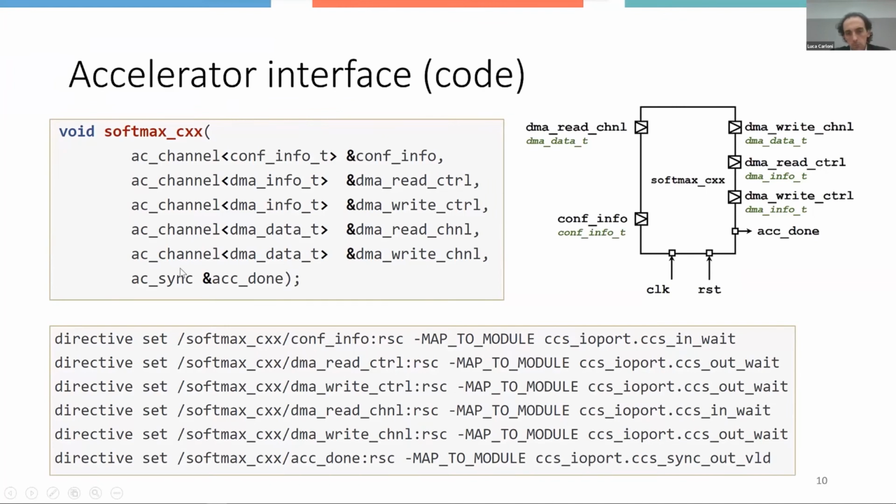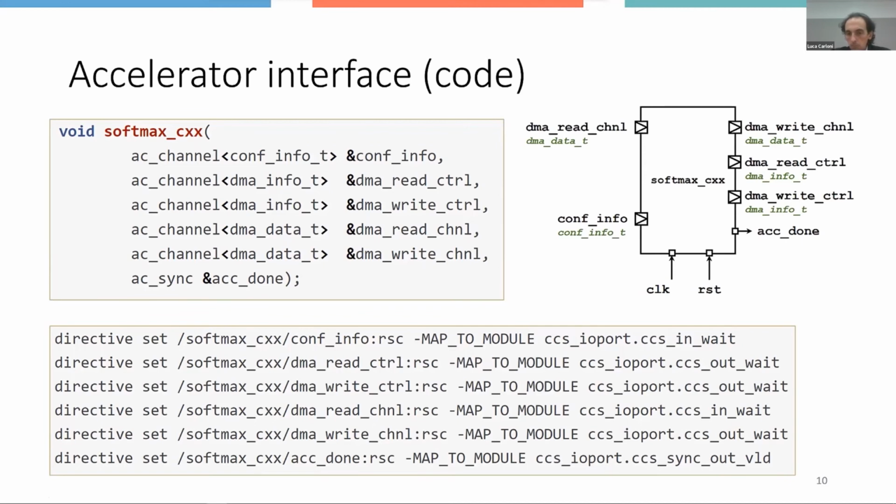In particular, ac_channel allows the accelerator to transfer data to and from the top module. And these data types, when combined with the HLS directive ccs_in_wait, ensure that the data is properly synchronized at the interface via latency-insensitive protocols. We will see how ready and valid signals will be added to these channels.